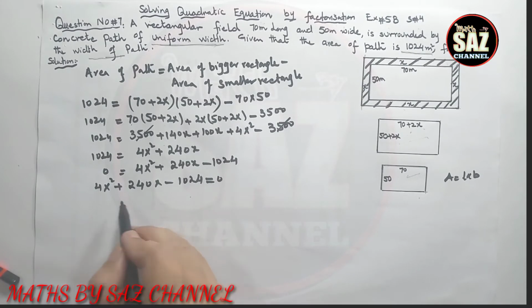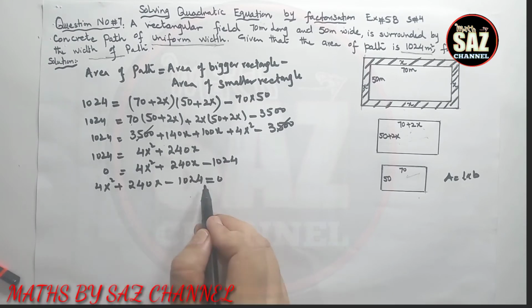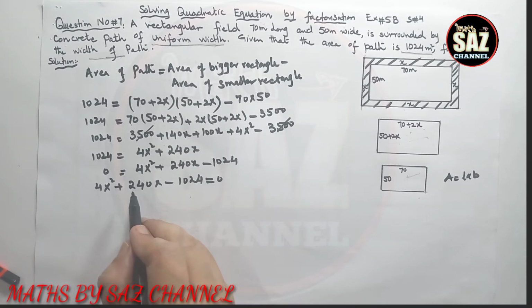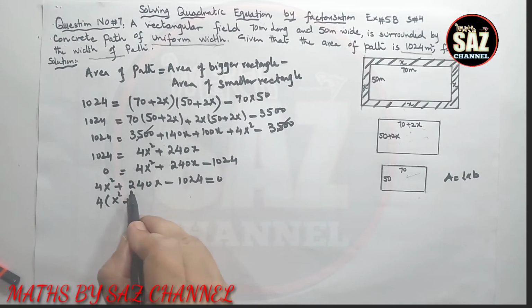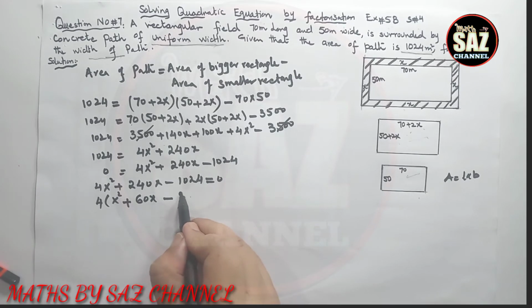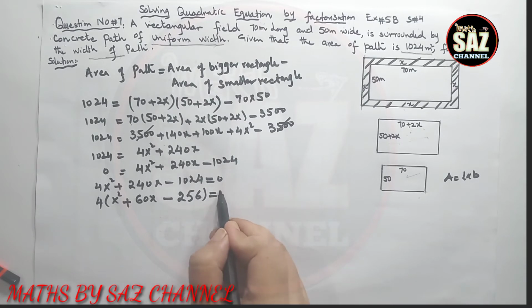Before going to the further calculations, it's important to see if I can simplify my equation at this stage. Like 4, can 240 go in the table of 4? Yes. I can extract 4 as a common factor, and when I'm pulling 4 outside, I will be left with x square inside the bracket, 60x, and minus 256, because 4 2s are 8, 4 5s are 20, and 4 6s are 24, equals 0.